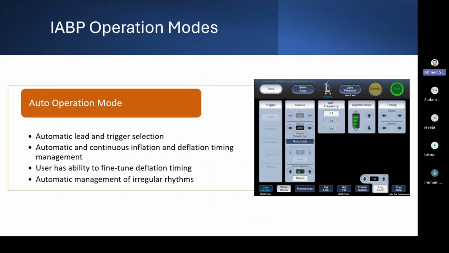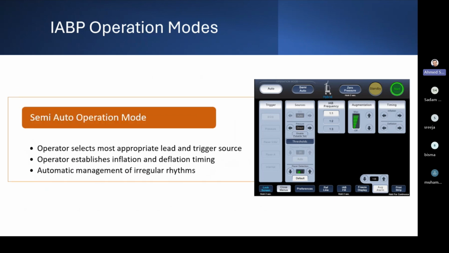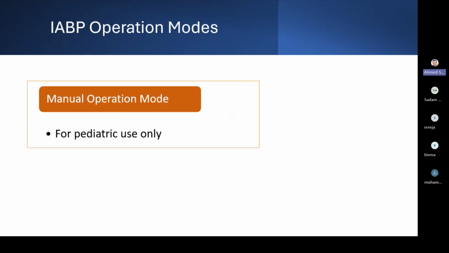And going to the next part, which is the IABP operational modes. There are many operational modes for the intra-aortic balloon: the auto operational mode, the semi-auto operational mode, and the manual operational mode.